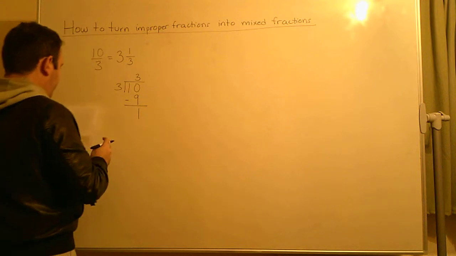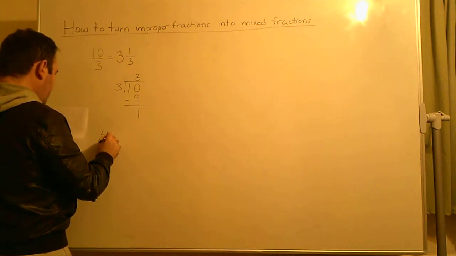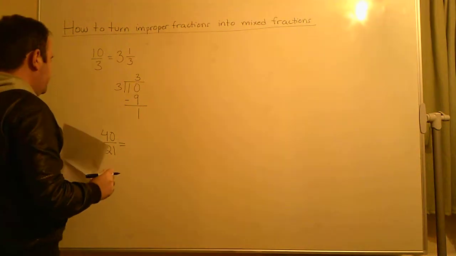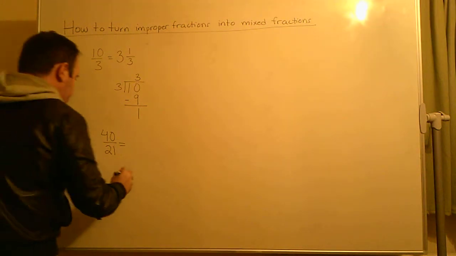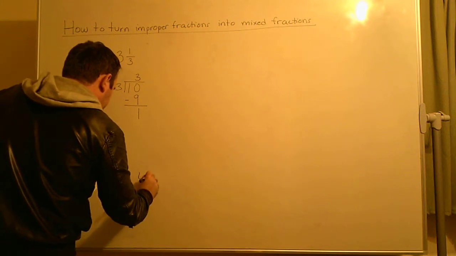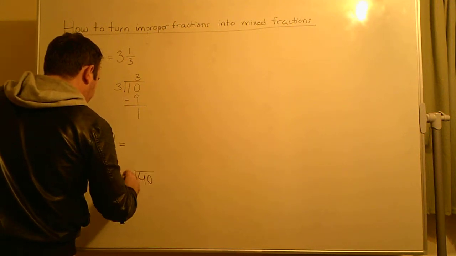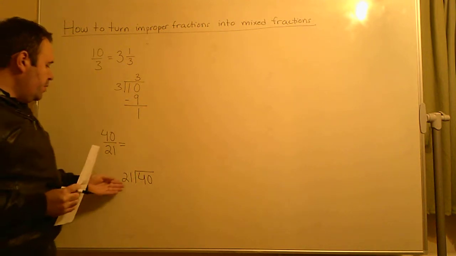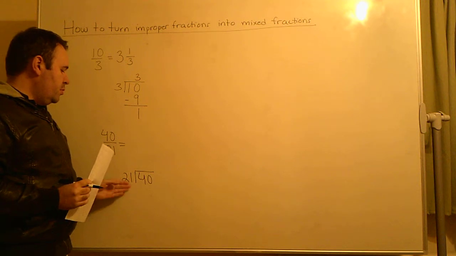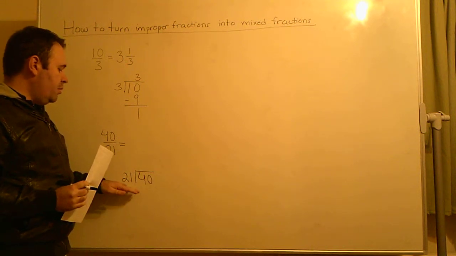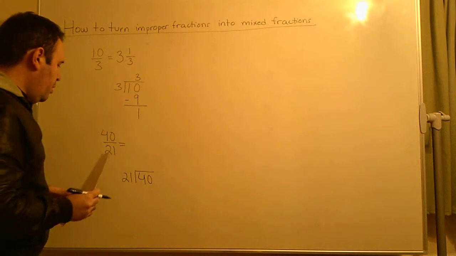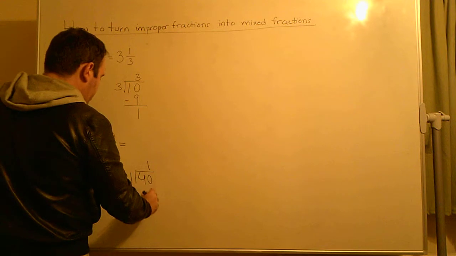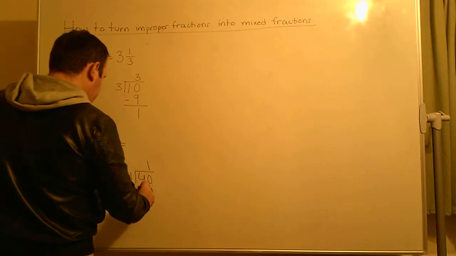Let's do another example. 40/21, yeah? So we need to do a division again. 40 divided by 21. 21 times 2 is 42. So how many times does 21 go into 40? Just 1. 1 times 1, 1, and 1 times 2, 2.